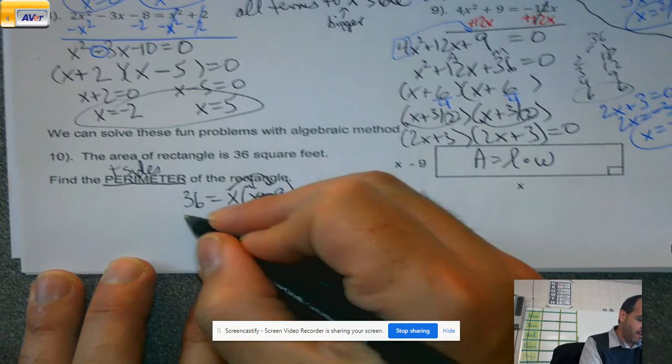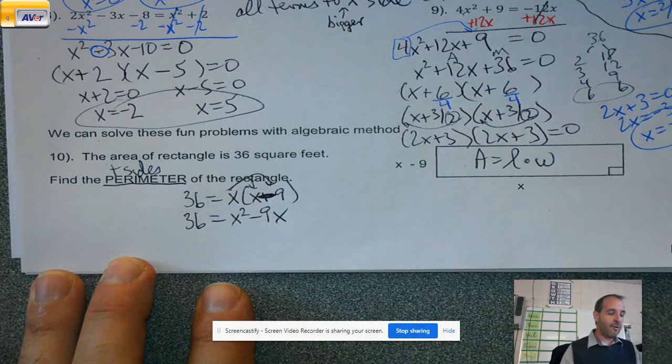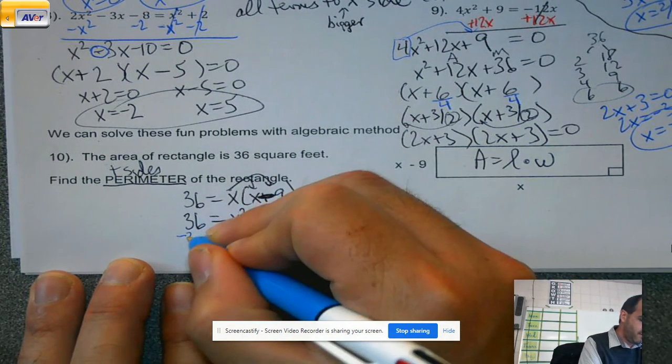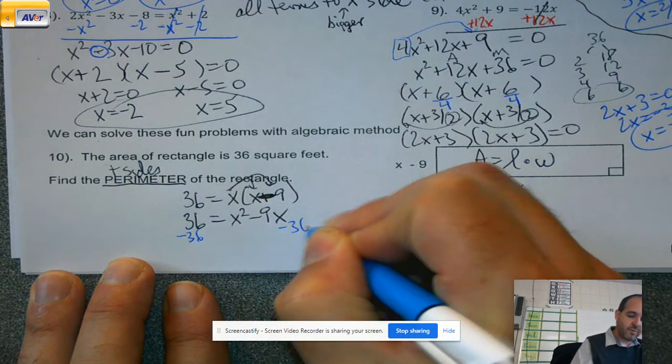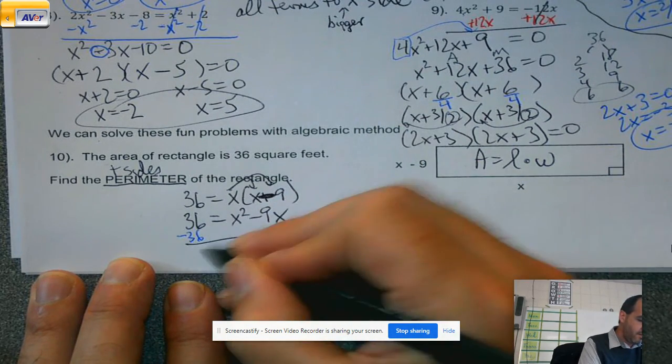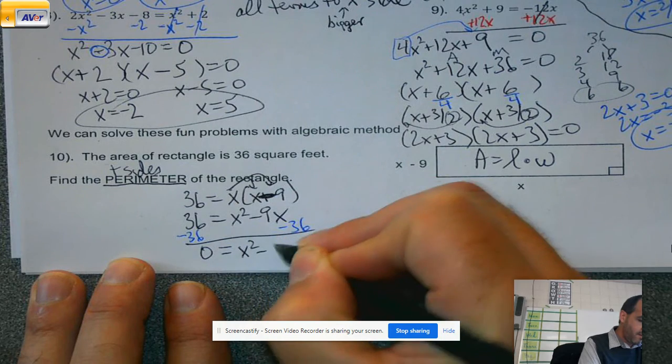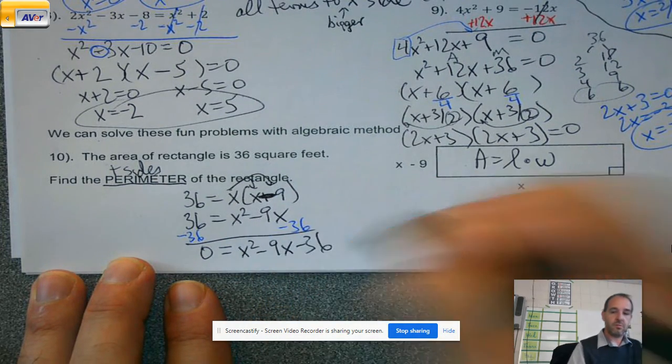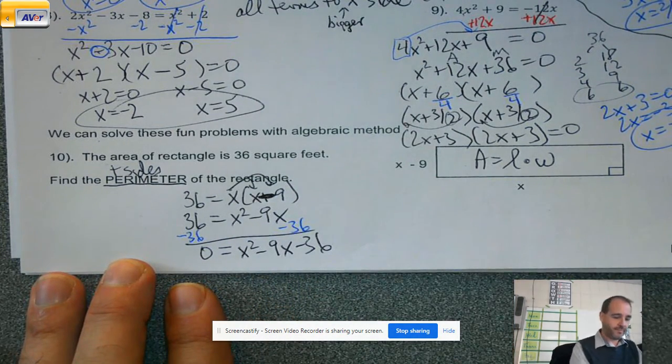I should be out of the woods now. And so now it's a little bit more like numbers 8 and 9 were. I've got to get everything to the x squared side. So we'll bring the 36 over. We're going to have some factoring to do, which is okay.